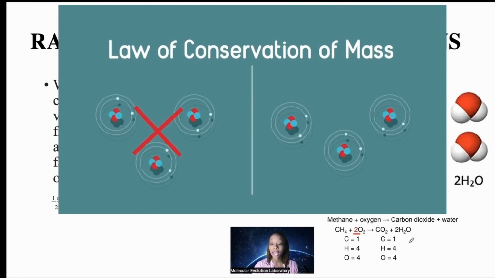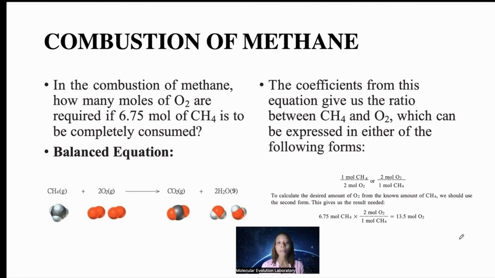It only changes into a different form. If you start the reaction with 5 atoms, 10 atoms, you should end up with the same amount on the side of the product. So let's look at a problem. In the combustion of methane, how many moles of oxygen are required if 6.75 moles of methane is to be completely consumed?